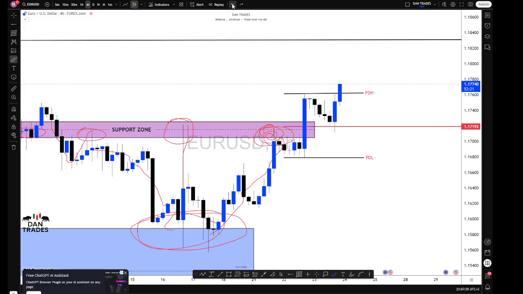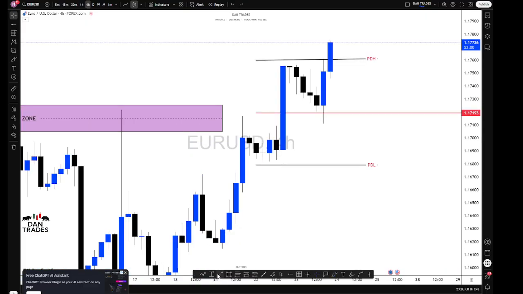So let's continue. Okay, so at around this area where we are much concentrating, because we have this support area, and we have this previous daily candle high and the daily low, and again on that area we have this breakout structure.